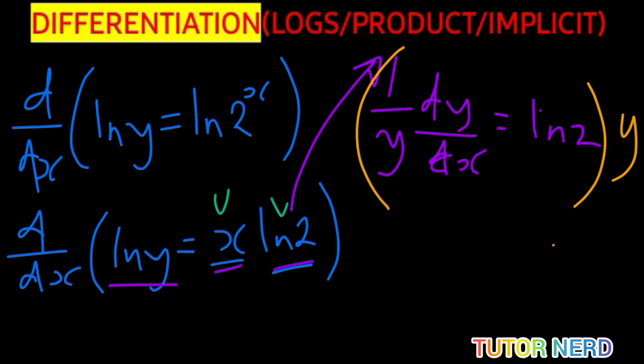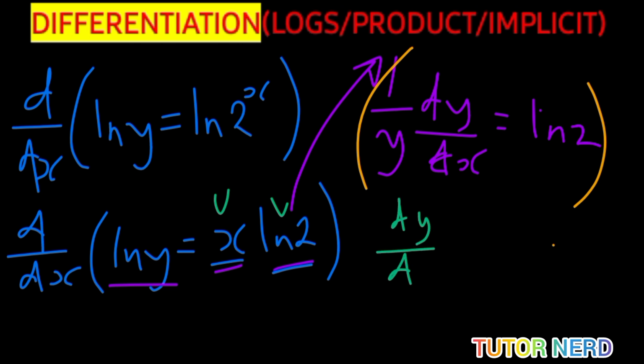If we multiply this side by y, the left hand side is just remaining with dy over dx. So write it here, dy over dx being equal to, on the right hand side, if we multiply y times ln 2, we're going to have y ln 2.